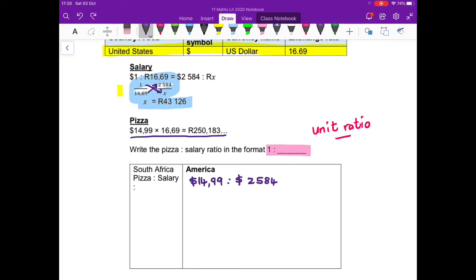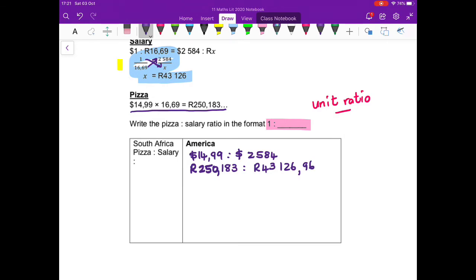So when I convert it to rands, $14.99 will give me a rand value of 250.183, and that conversion was 43,126.96. This was rounded to 2 decimal places. Right, and we want 1 rand or one of these, so we're going to divide by 250.183.